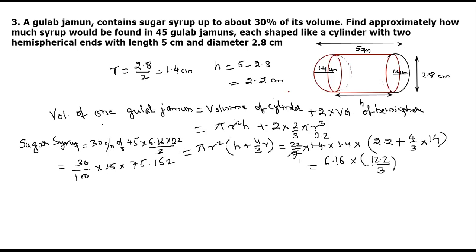We can still cancel this 0 with 0. Then you can multiply all and one decimal you can place left side. You can move one decimal. So if you write 10 here and you multiply numerator, you have only 3 into 15 multiplied into 75.152.